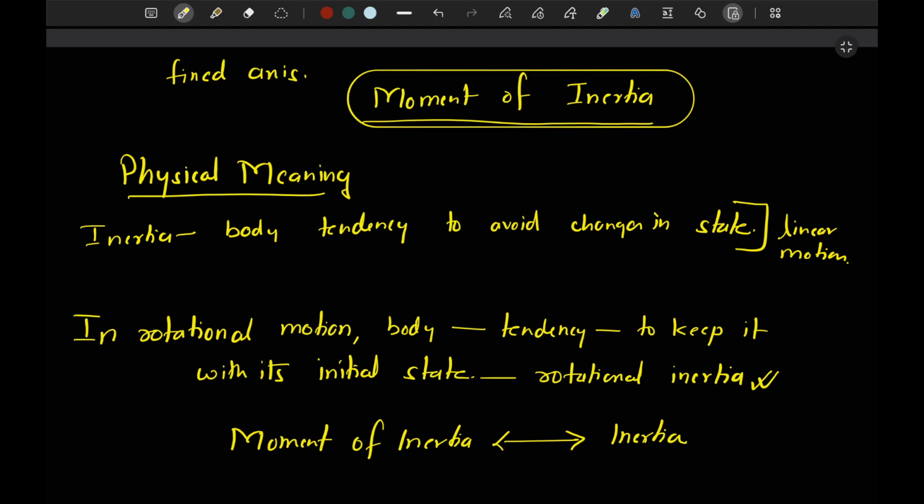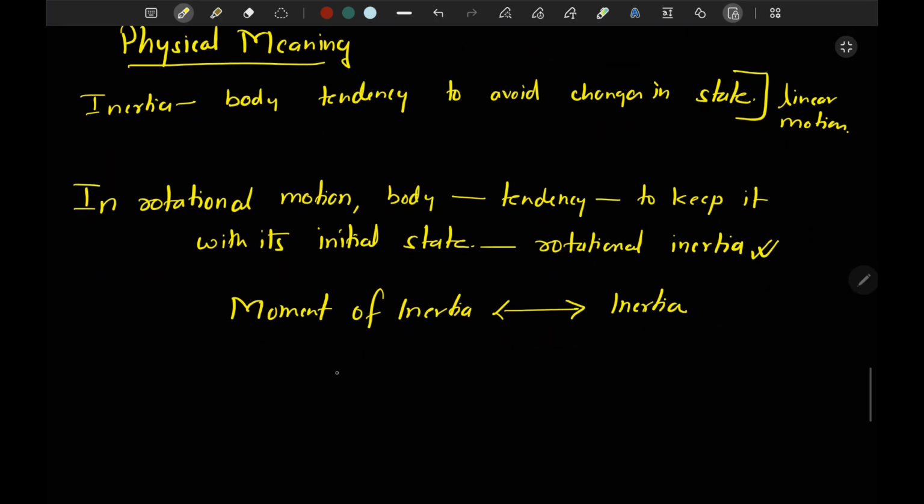And by definition, we have obtained that moment of inertia is defined as sum of product of mass of each particle and square of perpendicular distance of those particles from the axis of rotation.